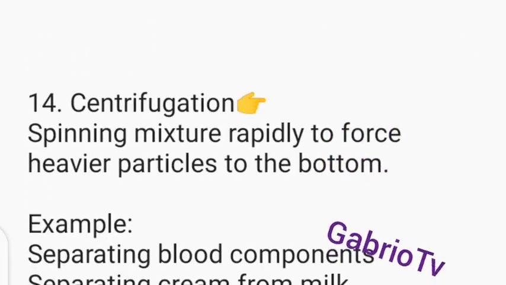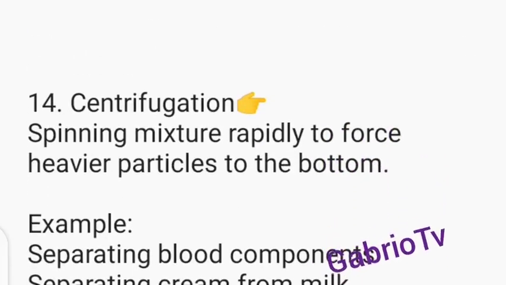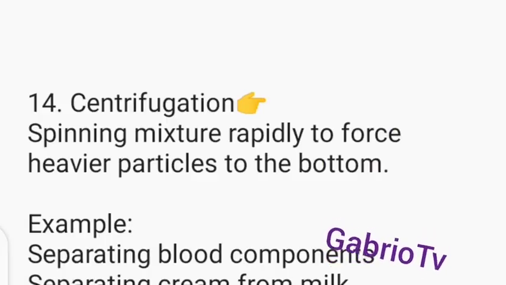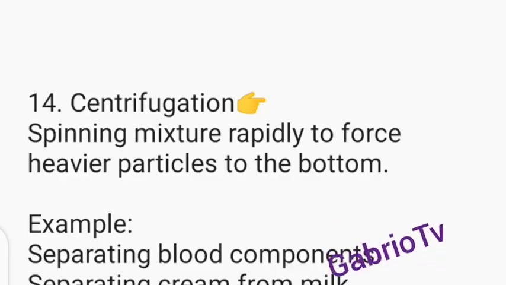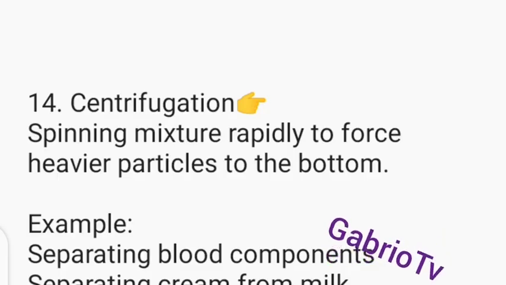Then centrifugation is something popular in clinics for spinning blood. They spin a mixture to force heavier particles to the bottom. They spin blood samples and components, and cream from milk and all that. That one is not so common, but in hospitals or industries they separate cream from milk. People that go for laboratory tests, they collect the blood sample, put it inside a slide, and spin it.